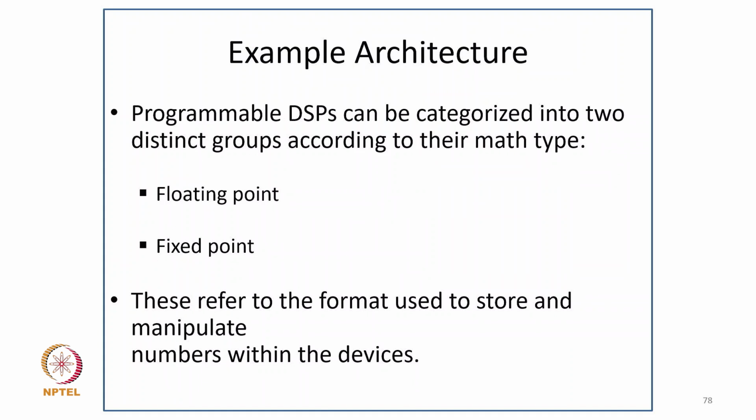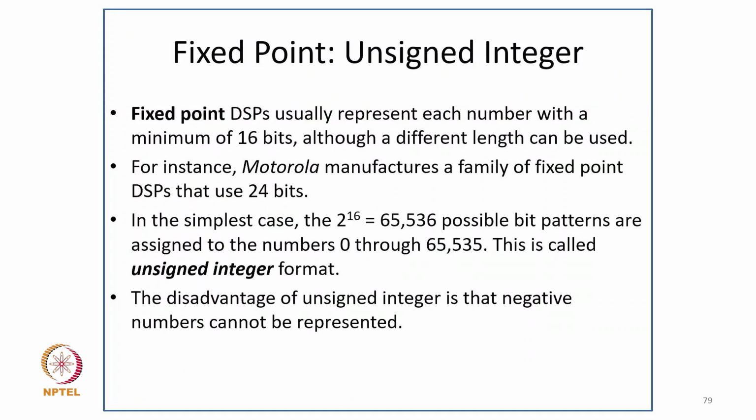In terms of architecture, programmable DSPs can be categorized into two distinct groups according to their math type: floating point and fixed point. These refer to the format used to store and manipulate numbers within the device. Fixed point DSPs usually represent each number with a minimum of 16 bits, although a different length can be used.